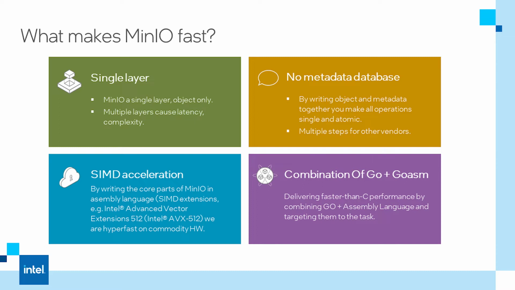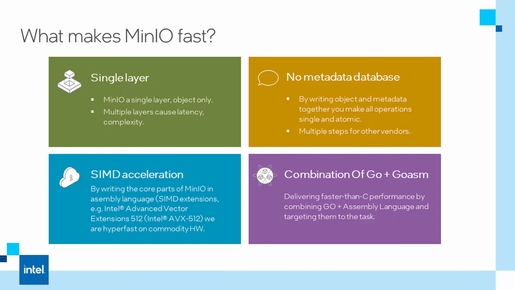Core parts of MinIO are written with hand-coded assembly. So they are able to utilize SIMD instruction sets such as AVX512, which are found on commodity processors, including the Intel Xeon scalable processors that allow MinIO to deliver the best performance that Intel processors bring to bear.